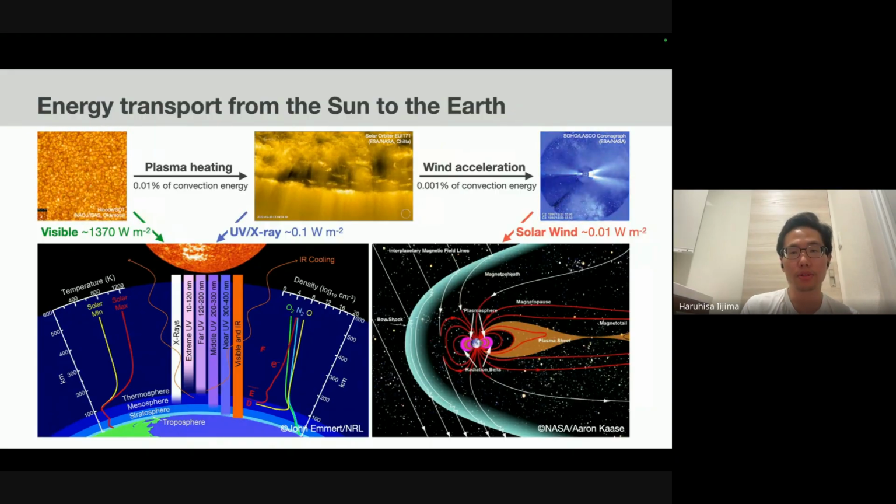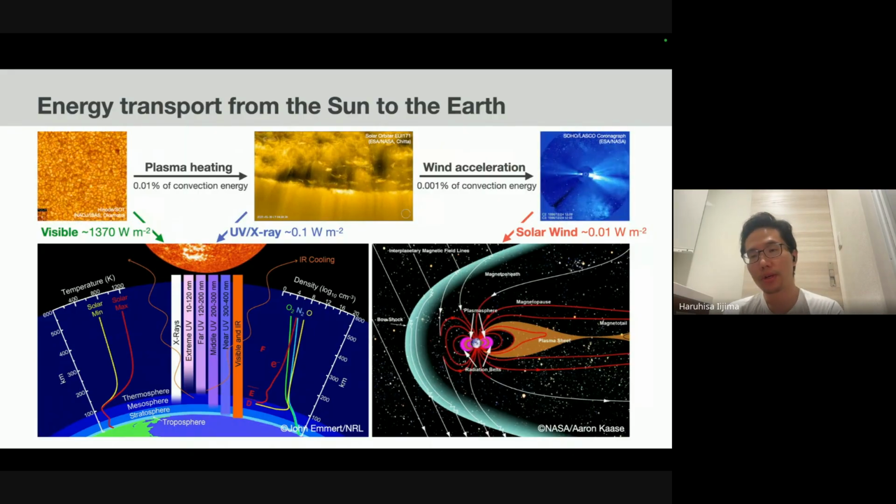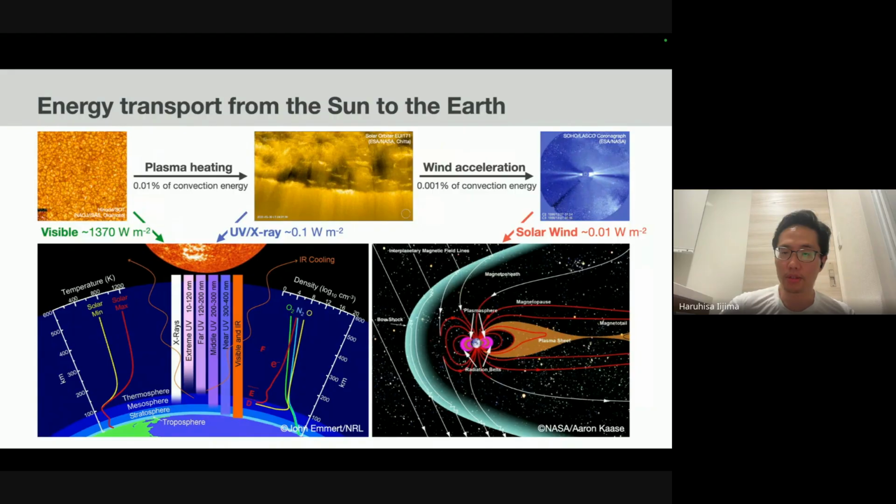From the corona, we have ultraviolet and X-rays, which ionize the Earth's upper atmosphere. And the solar wind hits the Earth's magnetosphere, deforms its shape, and determines the geospace environment near the Earth.